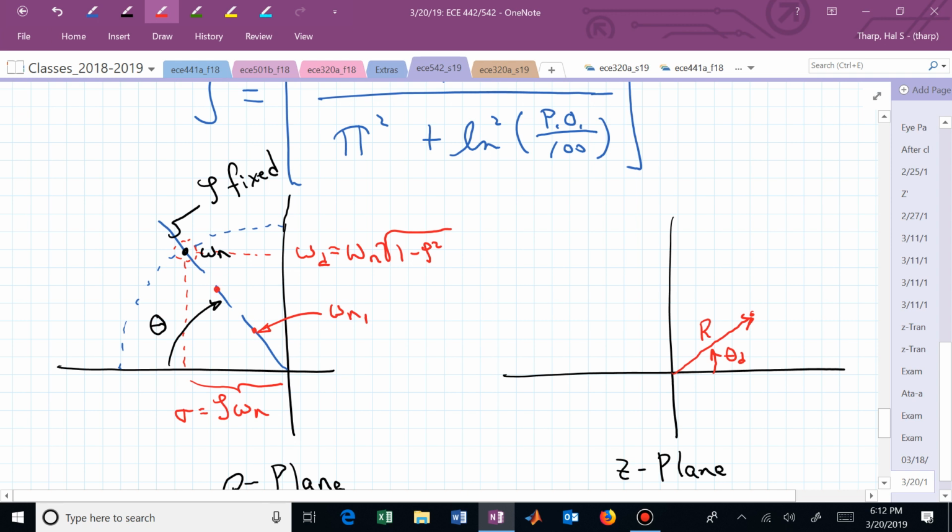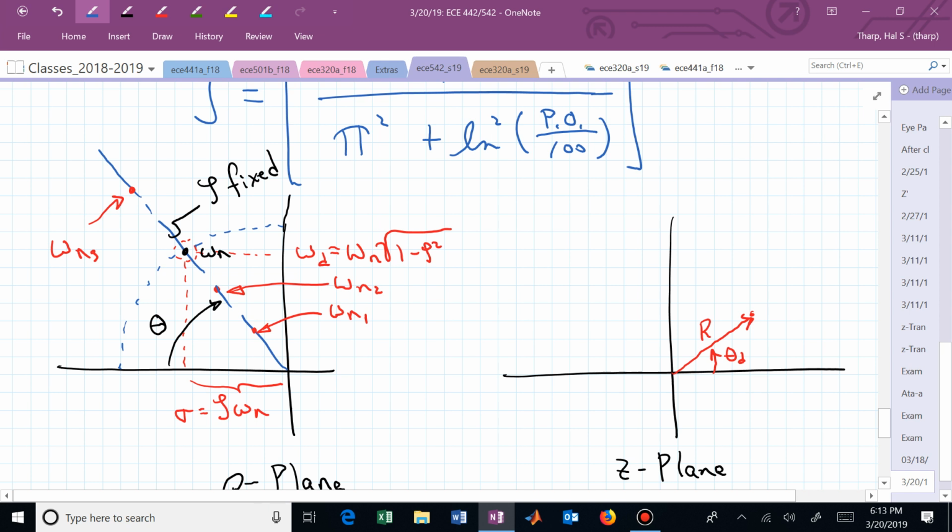Maybe this is now a value of omega sub n sub 2, etc. And maybe up here is a point omega sub n sub 3, still on that same angle. Everybody comfortable with what I'm doing? Now I'm walking at the same angle in the complex S-plane, and each point that I've labeled corresponds to a different natural frequency, but the zeta, the damping ratio, is the same.